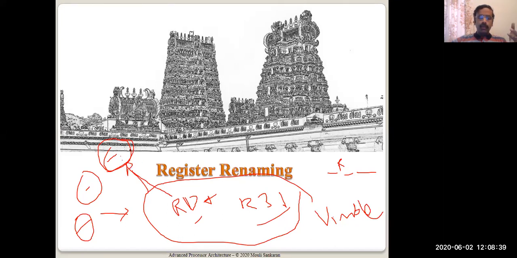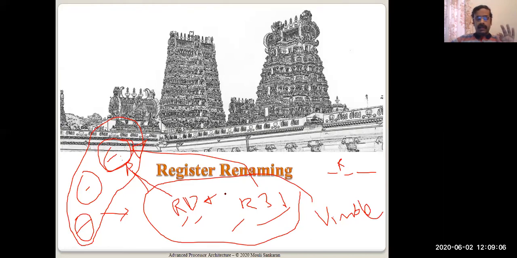After that, it will be used for holding the value of R13 during a different cycle. So we create so many temporary registers which correspond to one of the visible registers at a particular point in time. So why do we need it? How do we use it? We will see that. But understand the concept.